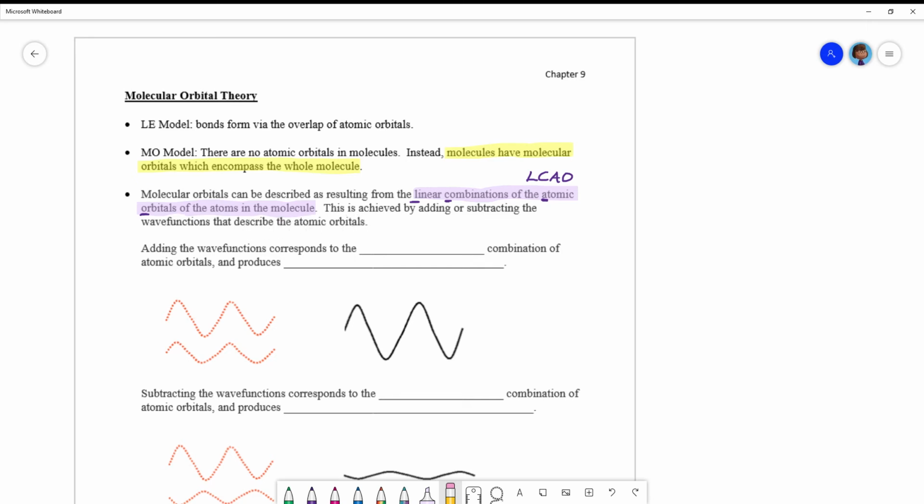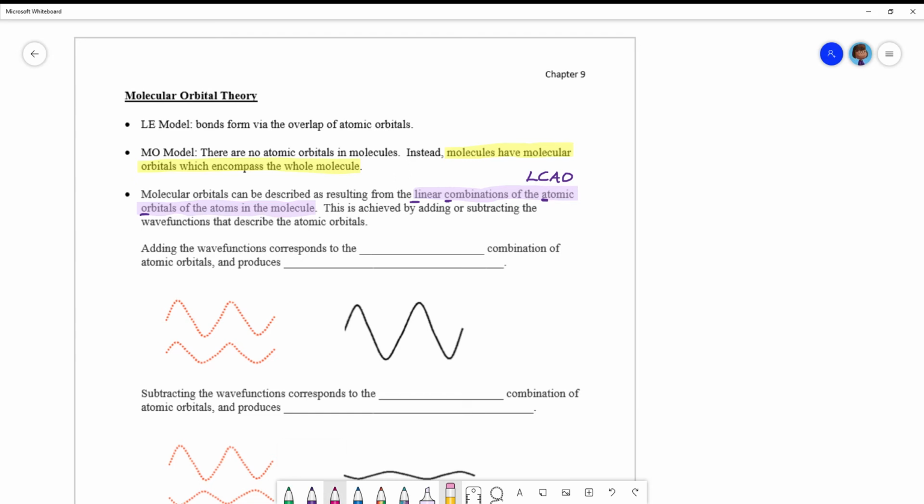So let's remember that an atomic orbital can be mathematically described by an equation known as its wave function. And it turns out that we can either take those wave functions of atomic orbitals and add them, or we can take those wave functions and subtract them. Now, I'm going to give you a very basic visual to understand what I mean by adding or subtracting wave functions.